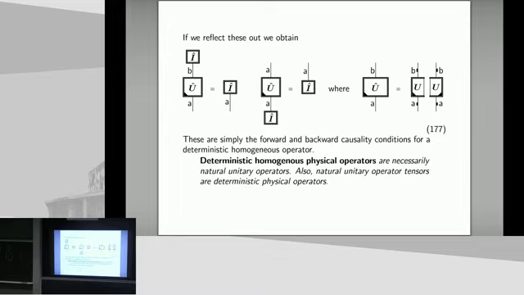So in fact you can say that if you have a deterministic homogeneous operator which is physical, so it satisfies positivity, which means in this context twofold positivity, and it also satisfies both causality conditions, the forward and the backward, then in fact it's a unitary operator. It's a natural unitary operator. And you don't have that same simple statement for the normal unitary operators.